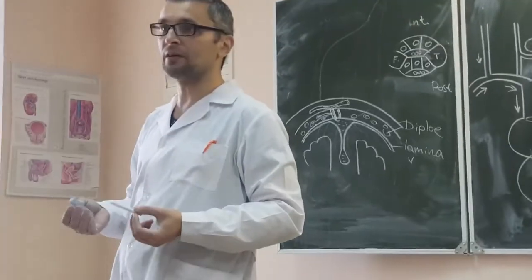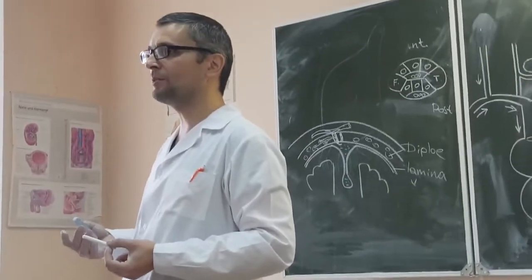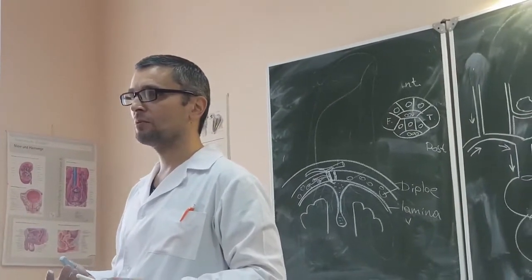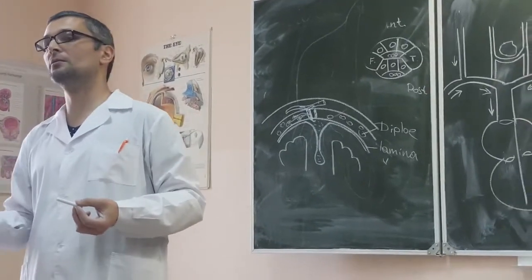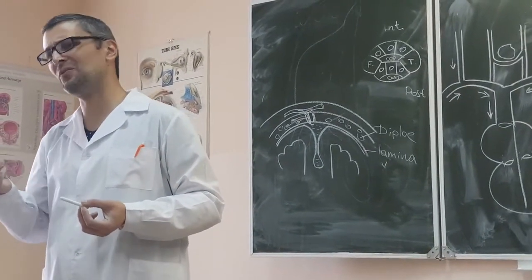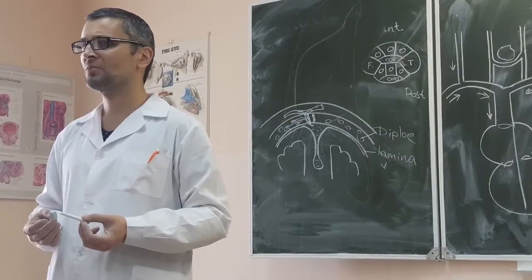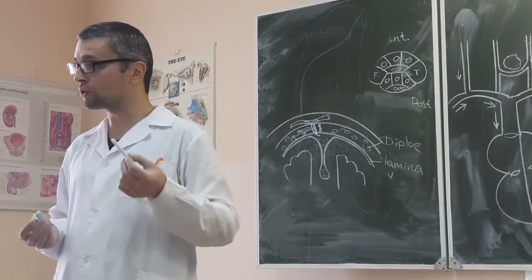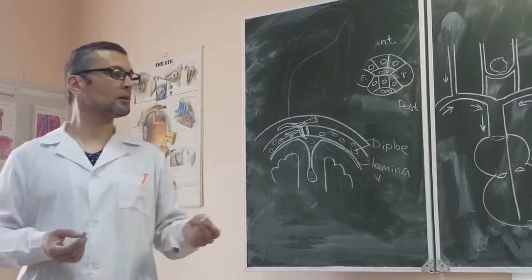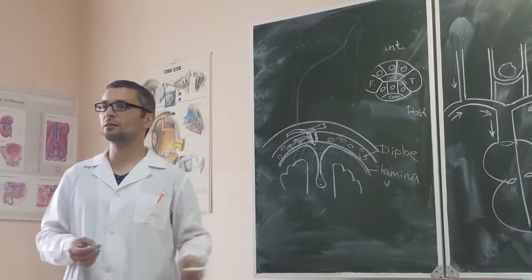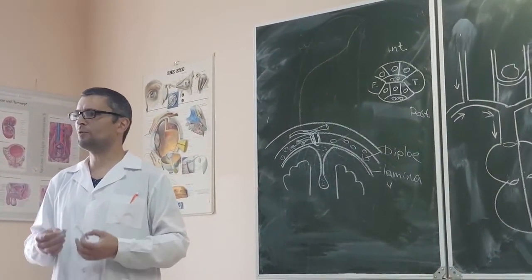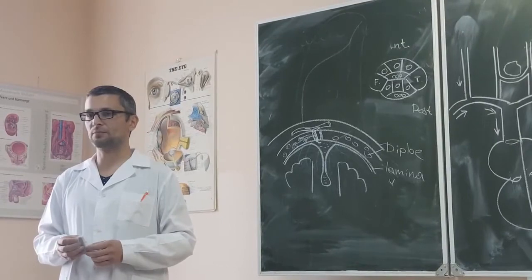The head will be heavier than normal. Sometimes it is the only symptom of the patient. He will come to you and say, "Doctor, I feel heaviness in my head." No more symptoms, only heaviness. So you have to think that maybe he has chronic increased intracranial pressure. Something is wrong with this mechanism.